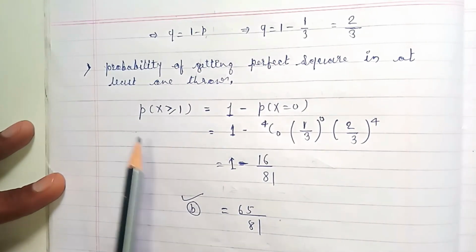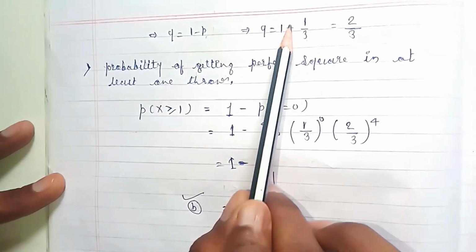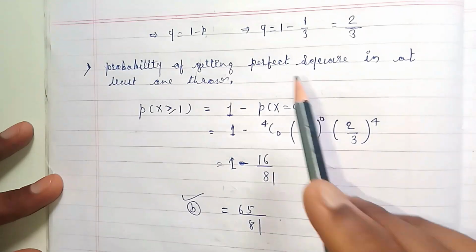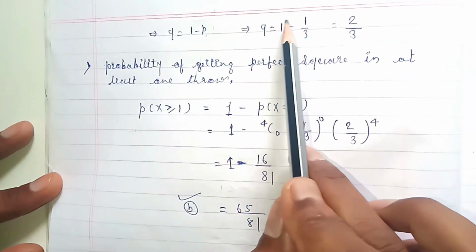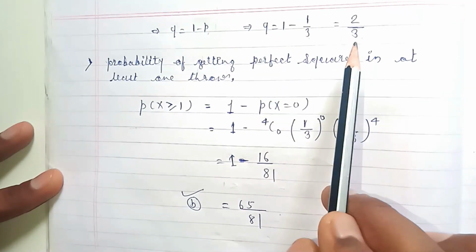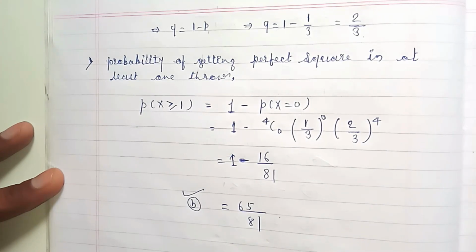So the probability of P is 1 by 3, so 1 minus 1 by 3 is 3 minus 1 over 3, which is 2 by 3. So the probability of Q is 2 by 3 and the probability of P is 1 by 3. So we got the two values.